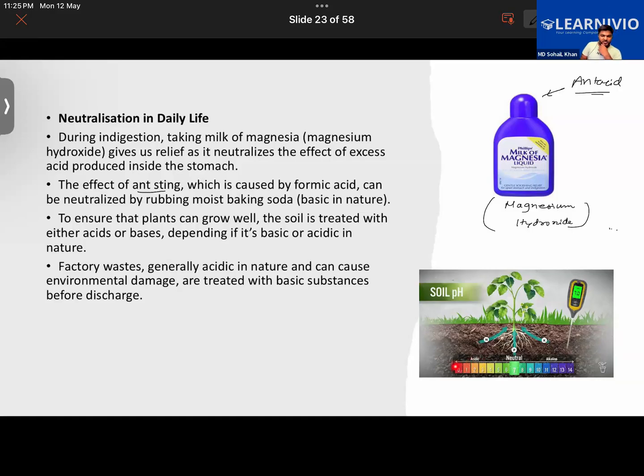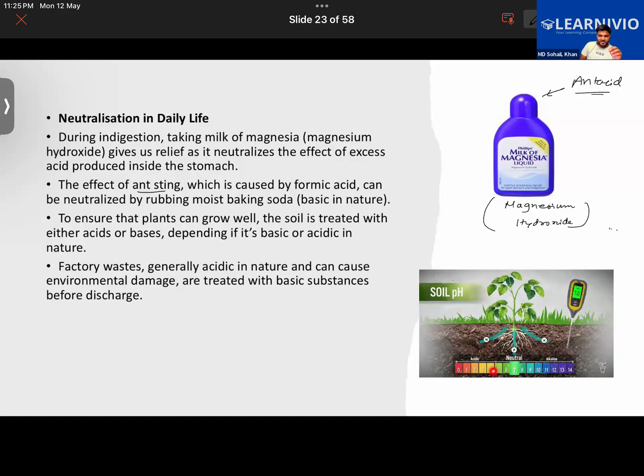Basically, we will take the pH paper and the sample. We will put the pH paper into the solution of the sample. Like we can take some water, add some soil in it, and a solution is ready. We will drop the pH paper in it.